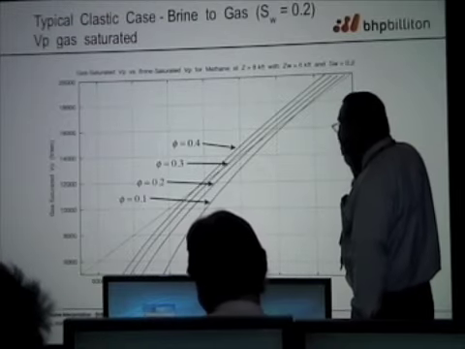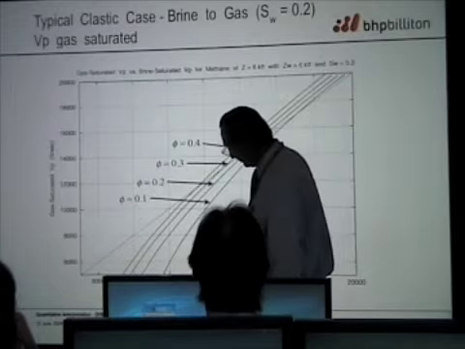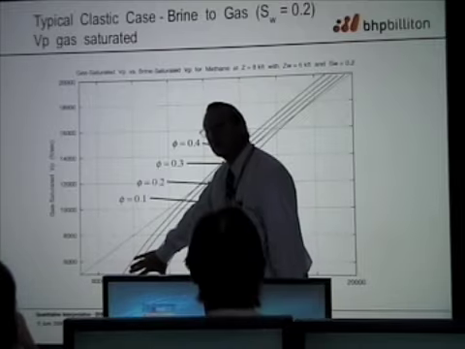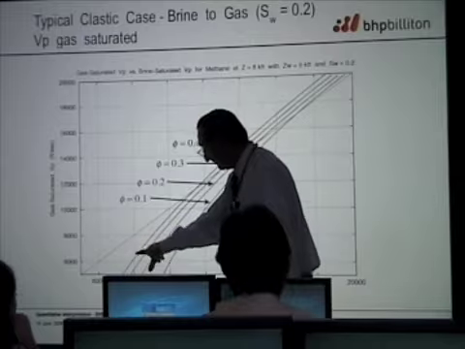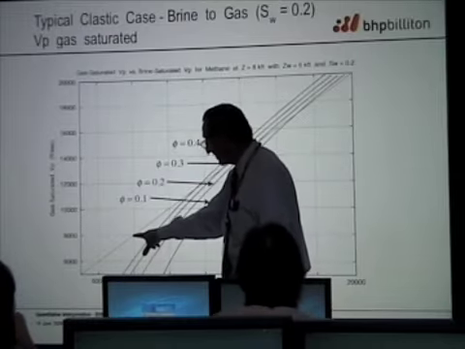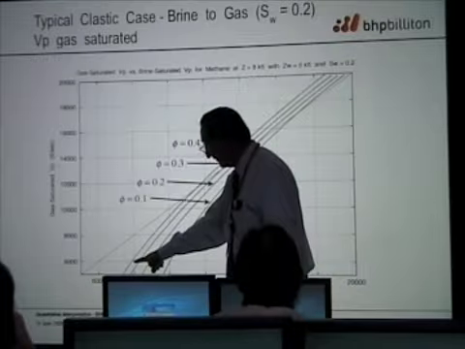And what happens? Well, when I have these low betas down here with the low velocities, low VP, brine saturated, I get a big difference, right? Here's the brine saturated velocities, 8,000, and down here I'm at 6,000. I got a 2,000 foot per second difference.